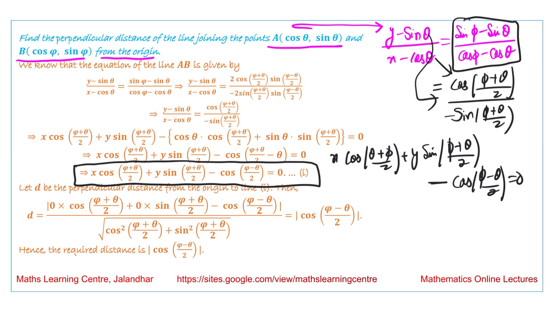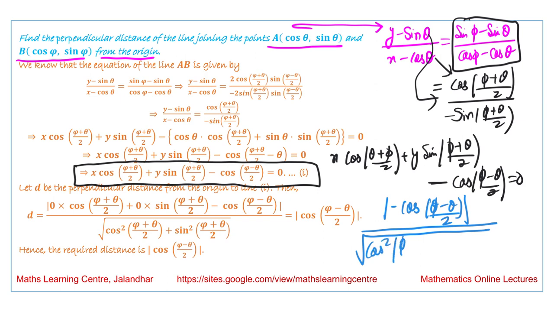Now we have to calculate the distance from the origin. So the formula we have is mod of minus cos of (phi minus theta) by 2, mod of this value, divided by square root of cos square (phi plus theta) by 2 plus sine square (phi plus theta) by 2.